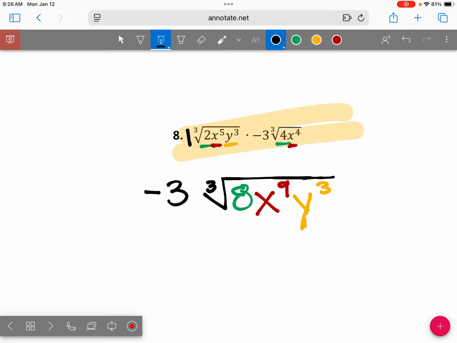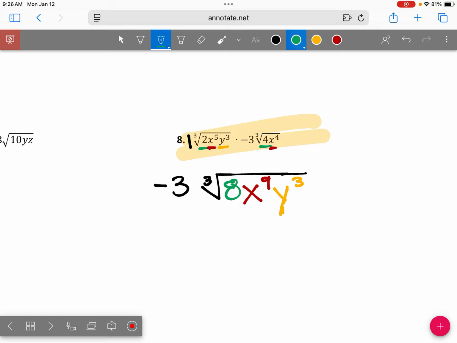Nothing will be underneath the radical because everything will have a group. There will be no leftovers. So go ahead and build your cake with the 8, and then circle your groups.